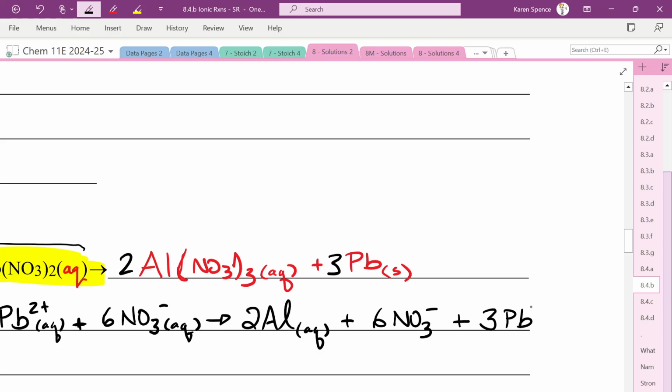Wait, now you should write a charge on Al, right? Oh, should I? Okay. Yes, I should write a charge for Al because it is part of an ionic compound. Yep. And for lead, we shouldn't have a charge because here lead is 0. So no, we should not have a charge for lead.